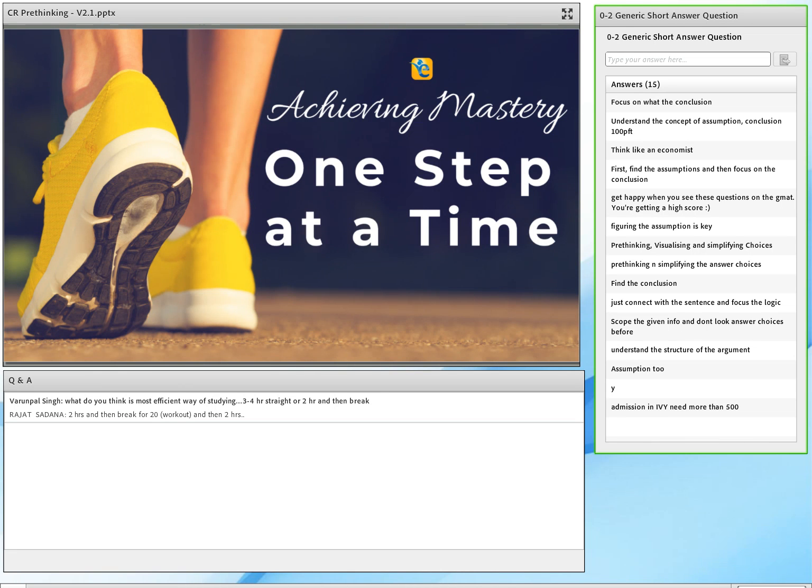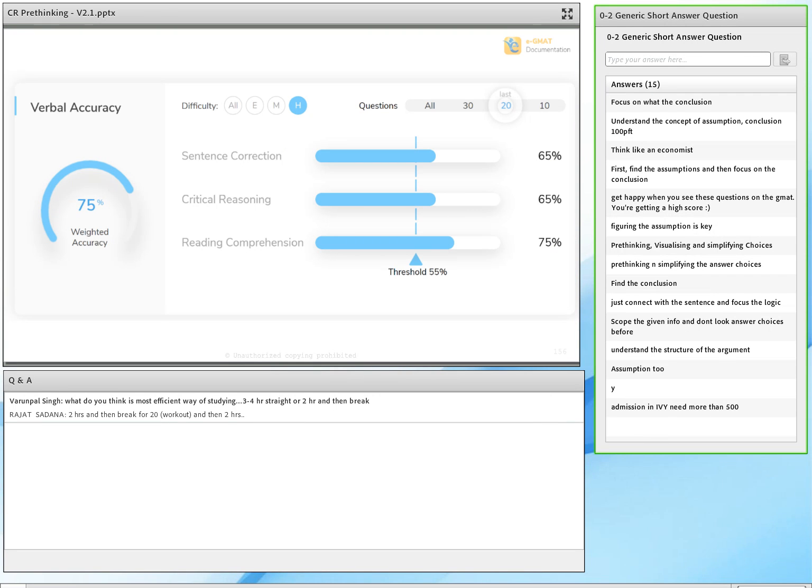So how do you do this? Your goal, and even when you do this, you're not going to get everything right. This is an example of someone who scored 95th percentile on critical reasoning, and for him, in hard questions, not in medium, but in hard questions, his accuracy was still 65% in the last 20 questions.